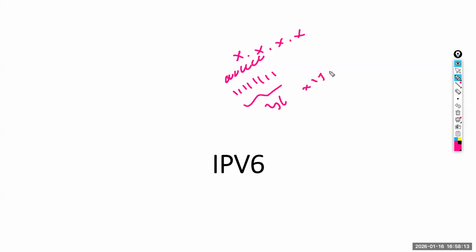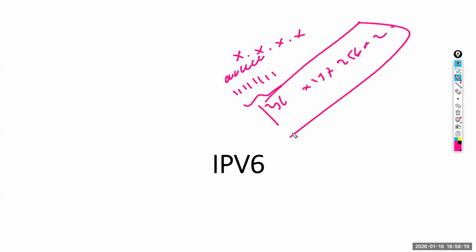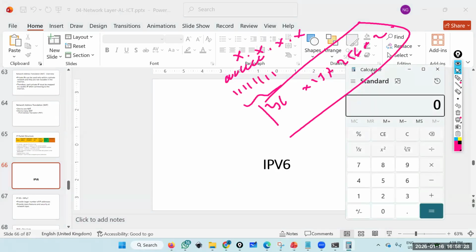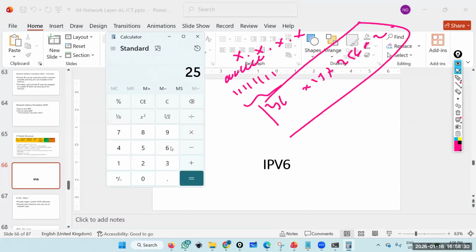Another 256 possibilities. Another 256, another 256. Right. So this number they thought is enough for the internet. So that is basically 256 to the fourth power. 256 times 256 times 256 times 256.